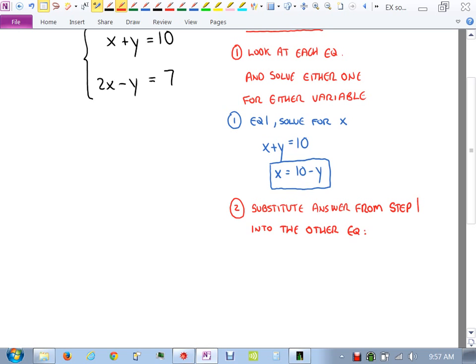The other equation is 2x minus y. So let me go ahead and write down the other equation, which is 2x minus y equals 7. I'm going to substitute what for what? What do you think?